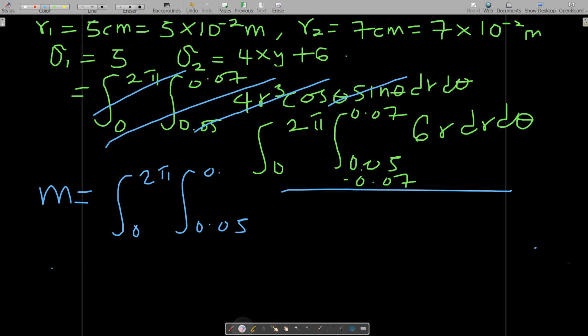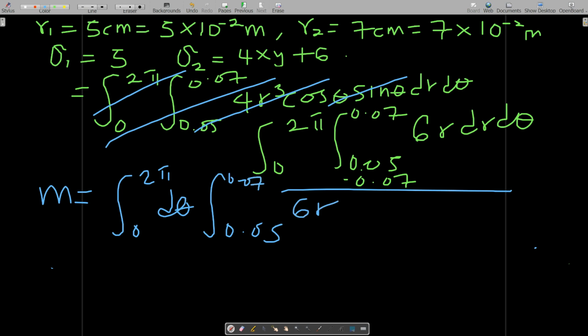Let me rearrange them straight away, because I can put the d theta here, then 6r dr. So now this will give me theta from 0 to 2 pi.